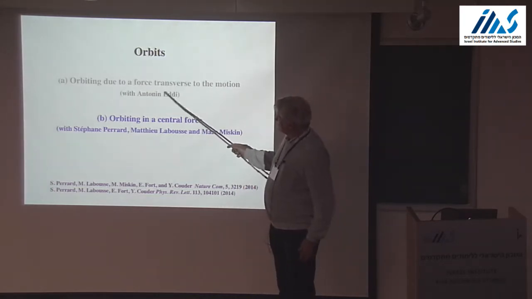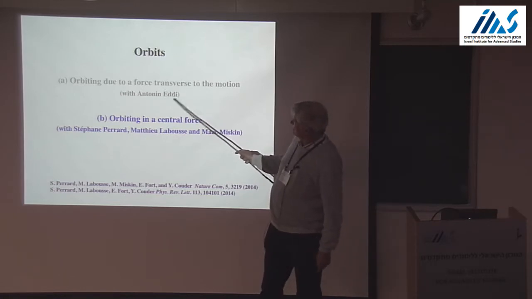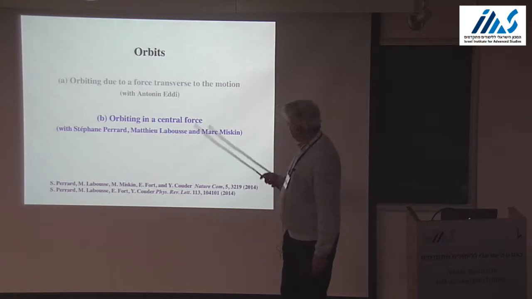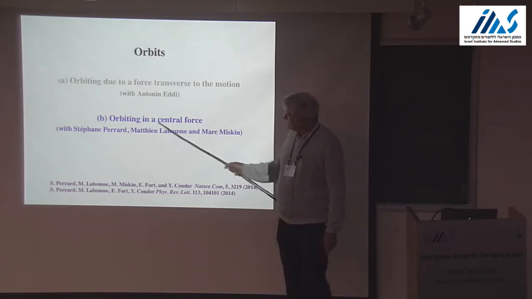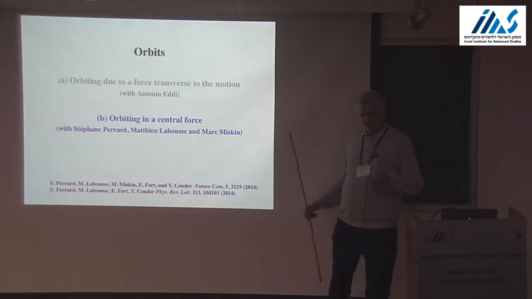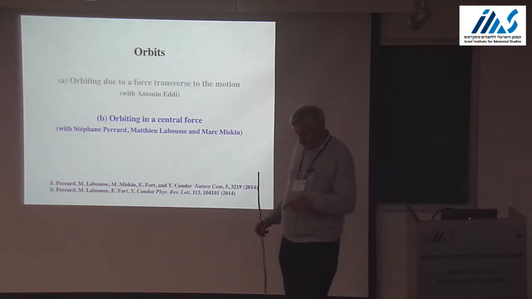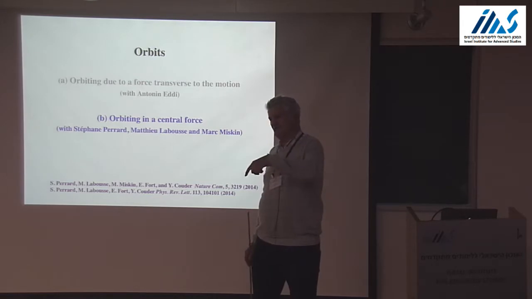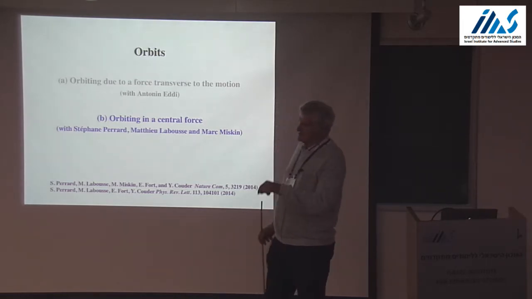You can generate the orbits either by having a force transverse to the motion, with either a magnetic field or rotation, or a central force. And with this, I'm going to describe what is observed if you force a walker to have an orbiting motion, respectively, at low memory and high memory.